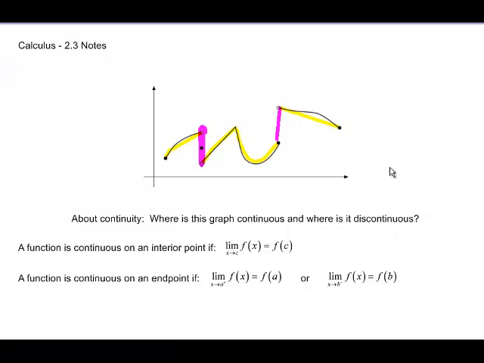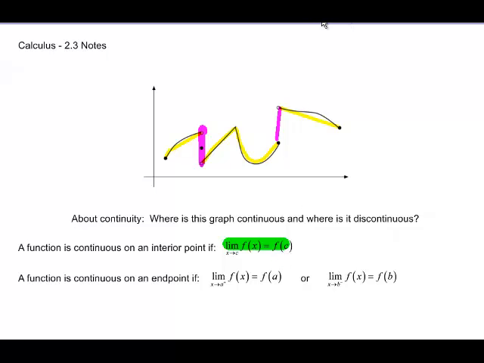And so what we do to determine continuity is we look at the limit as we approach some interior point. And if we're continuous, then we have a limit at the interior point, and at that limit, we have a specific number that matches.